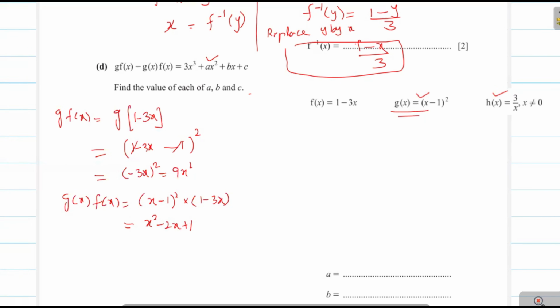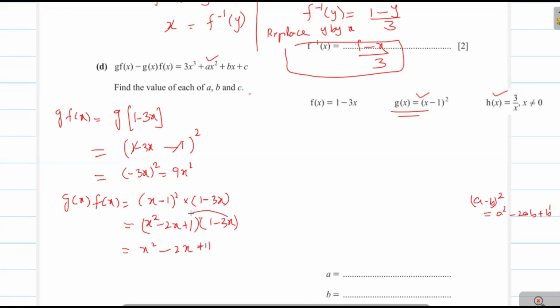We use the identity a minus b whole square equal to a square minus 2ab plus b square, and we use this identity to simplify it.